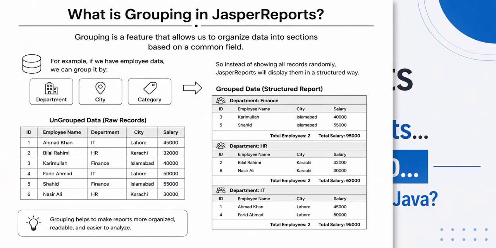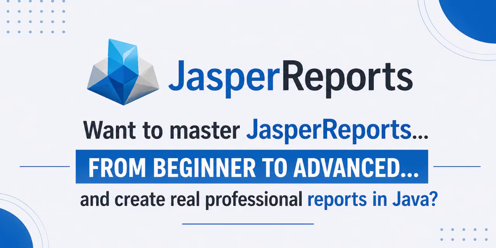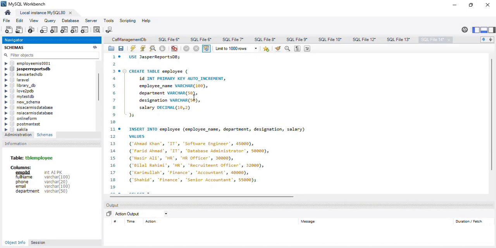So let's start the practical implementation step by step. In the first step, we want to create database tables and insert sample data. For that, let's open MySQL Workbench. As you can see, we have the Jasper Reports database.